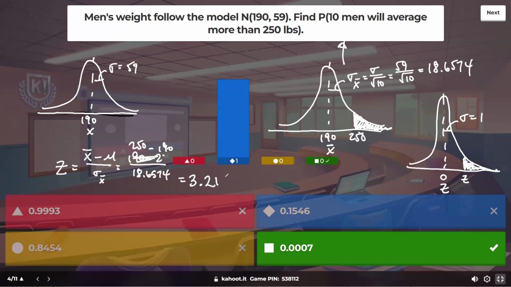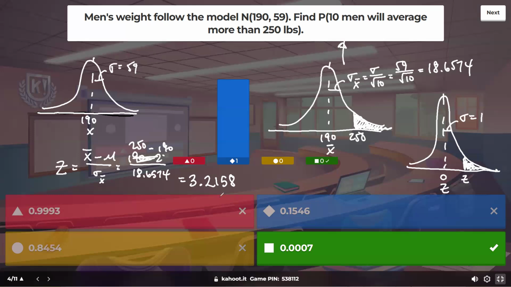3.2158. Others get that too? Derek, did you get something different? It looks right. 3.2158.